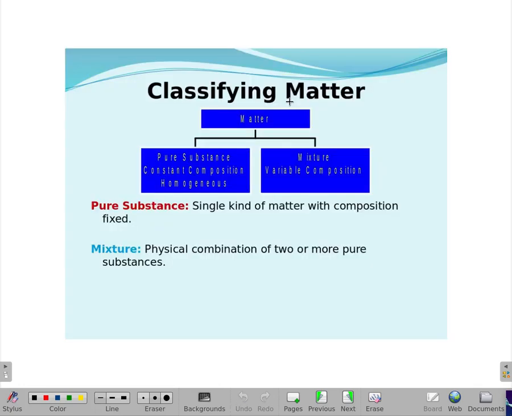All right, on to classifications of matter. We got our three phases, but how are we going to find it? We don't always find it as, like, water is found multiple ways in our day-to-day life. We find it as something we drink, but we typically have it mixed with other things. So we're going to classify matter as two main categories, just whether or not it's pure or mixtures.